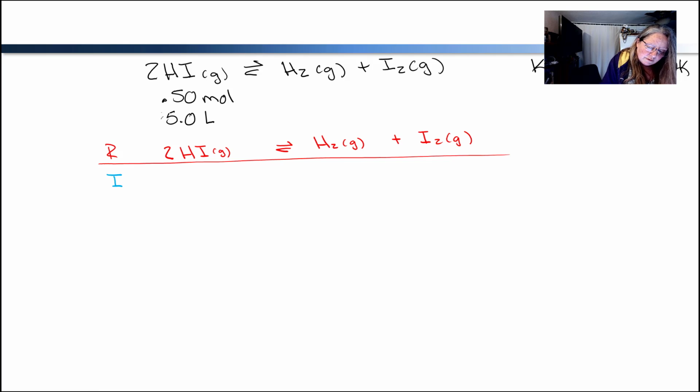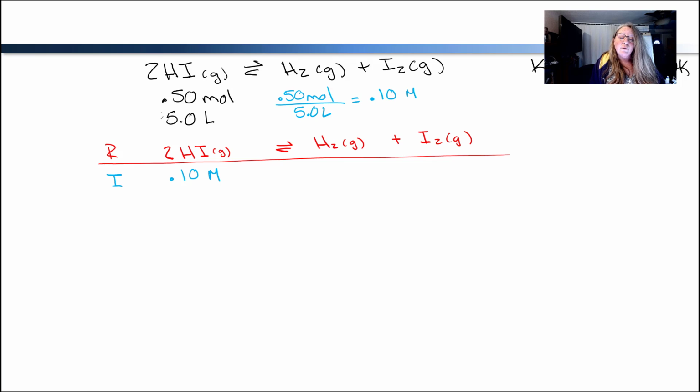So I have, let's go ahead and write this, 0.50 moles over my 5.0 liters, 2 Sig Figs in both. I'm doing multiplication and division, so my molarity is going to have 2 Sig Figs. That's going to be 0.10 molar. So this is starting at 0.10 molar.